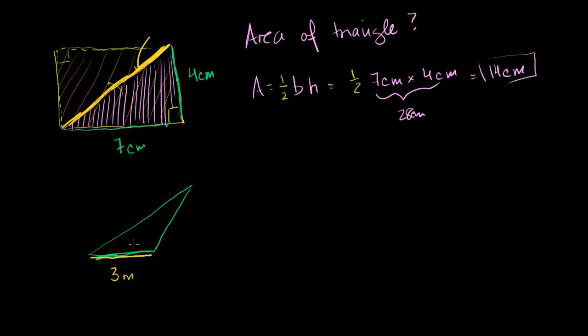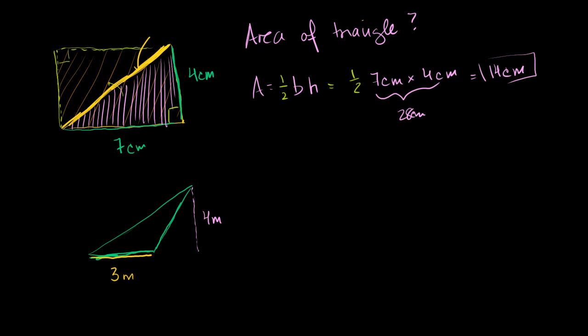And let's say we don't know what that distance is, and we don't know what that distance is, but we do know that if we were to drop a line straight down like this, if you imagine this was a building or some type of mountain, and you just drop something straight down onto the ground like that, we know that this distance is equal to, let's say, 4 meters.